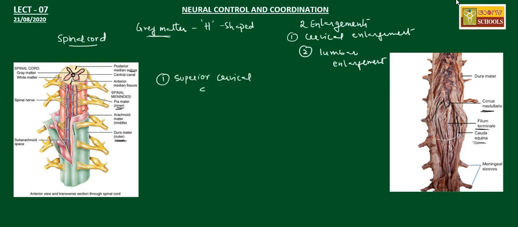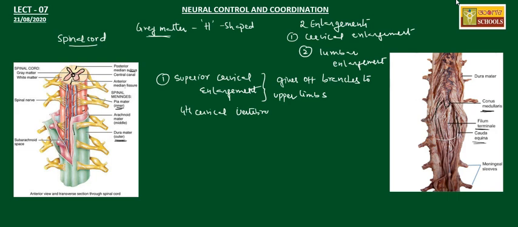It gives off branches to the upper limbs, and extends from the fourth cervical vertebra to the first thoracic vertebra.